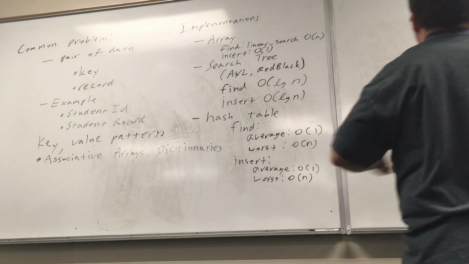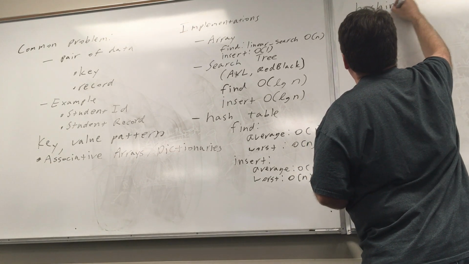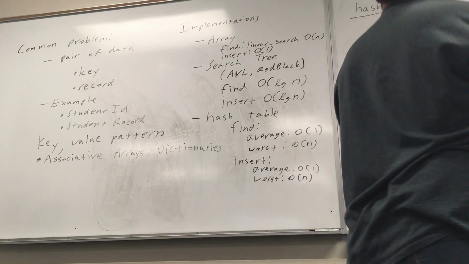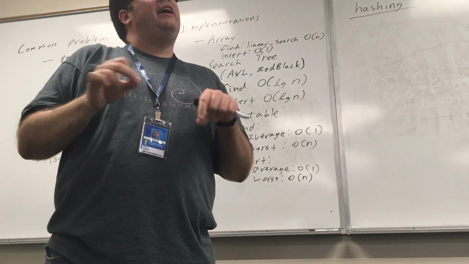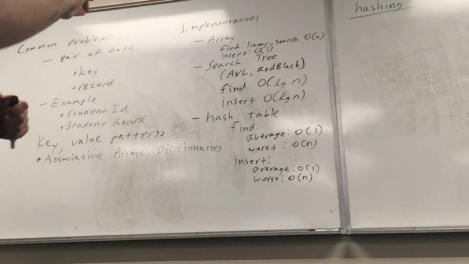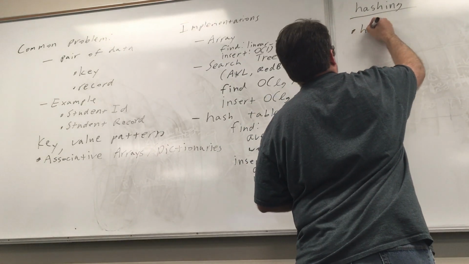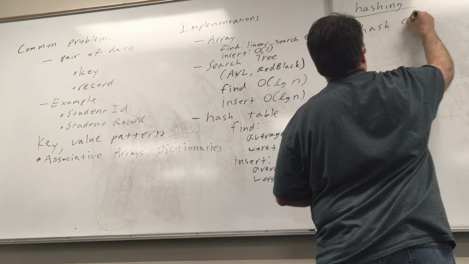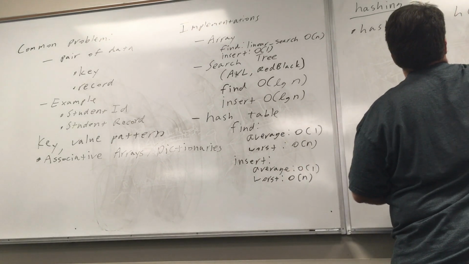Okay, so here's what the idea about hashing is. So whenever we hash something, hashing takes 2 steps. Okay, so well, first of all, let's just talk about what a hash is. So we have a hash code. This is a function. I'll say it's h of x.